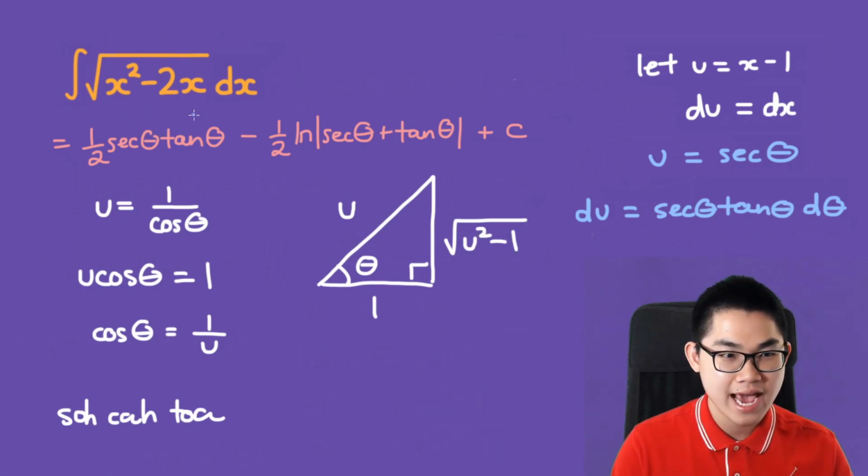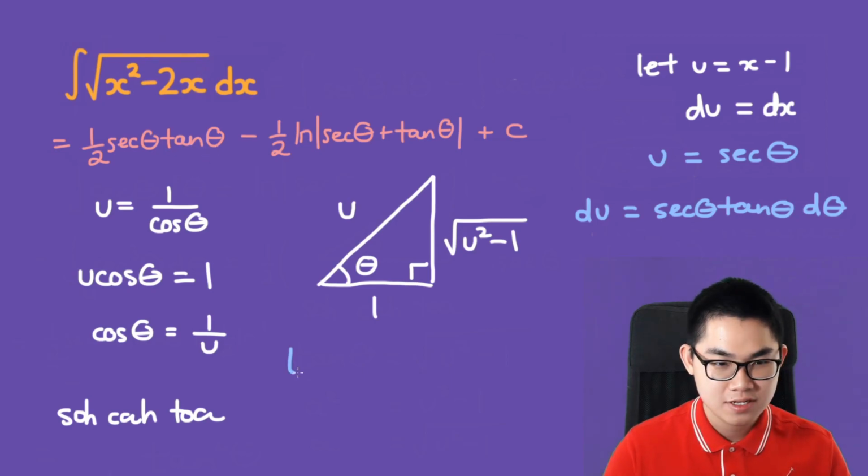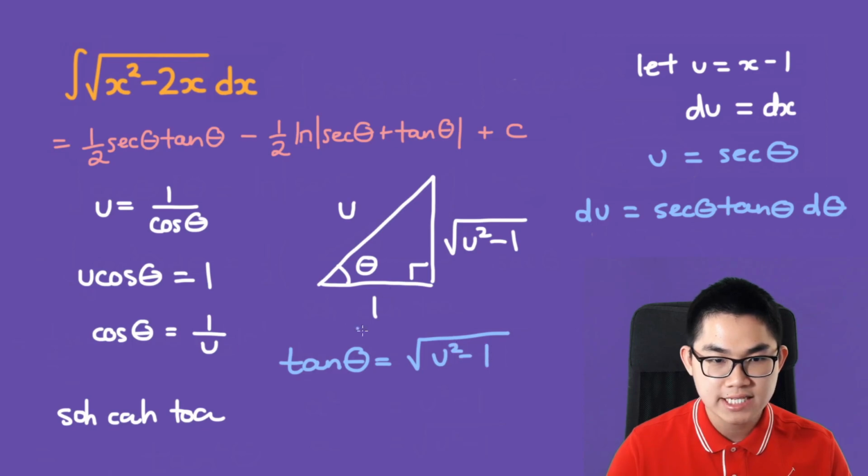If we look at our antiderivative, so here's our antiderivative. We already know what secant is because secant is just u. The only thing we need to know is what is tangent. So tangent is equal to opposite over adjacent. So the opposite side is the square root of u squared minus 1, and the adjacent side is 1. Since it's divided by 1, we do not need to write that.